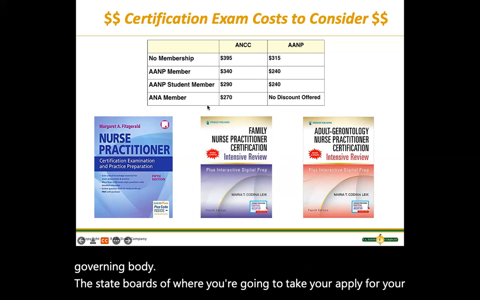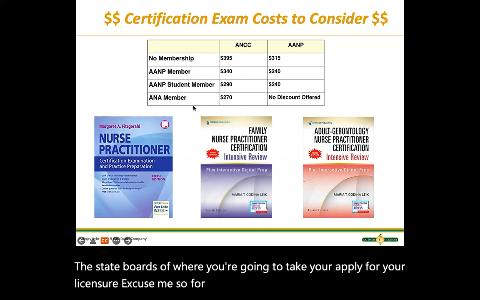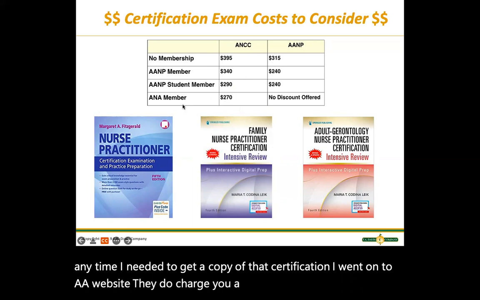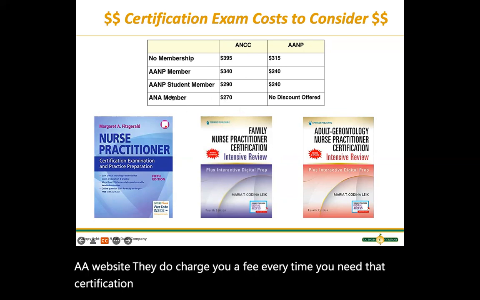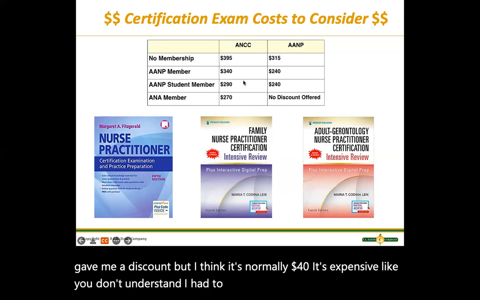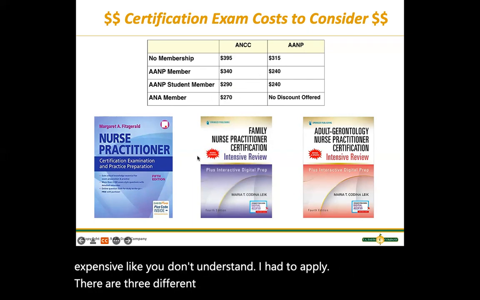So for instance, because I'm an ANA member, anytime I needed to get a copy of that certification, I went onto the ANA website. They do charge you a fee every time you need that certification mailed directly somewhere. But because I'm an ANA member, they gave me a discount. But I think it's normally like $40. It's expensive. Like, you don't understand. I had to apply for 3 different licenses. That's $40 a pop. It adds up.